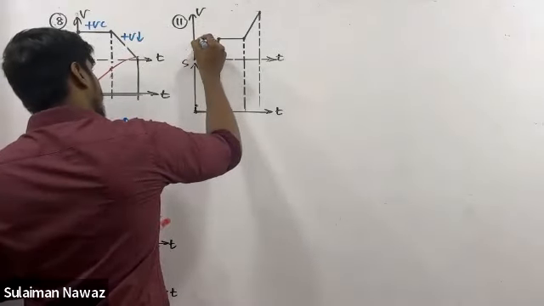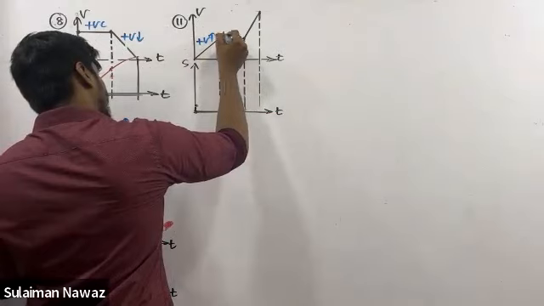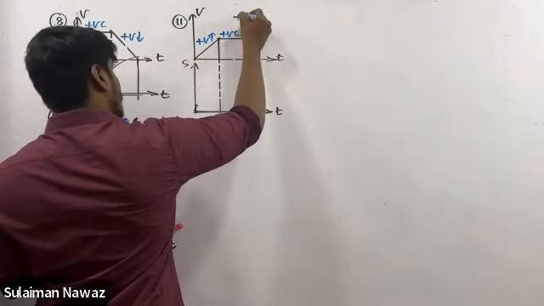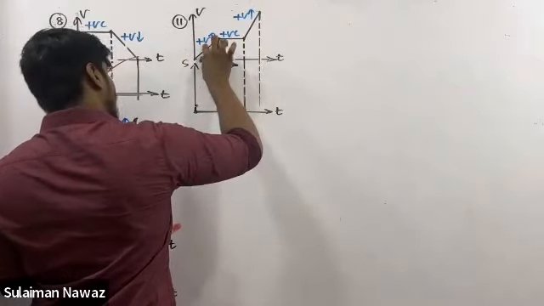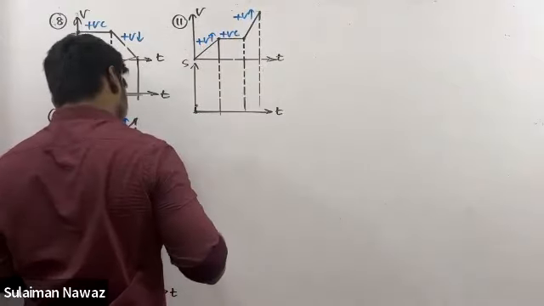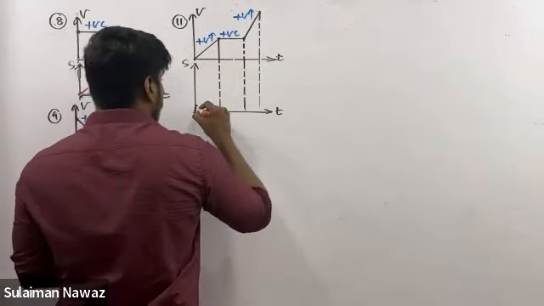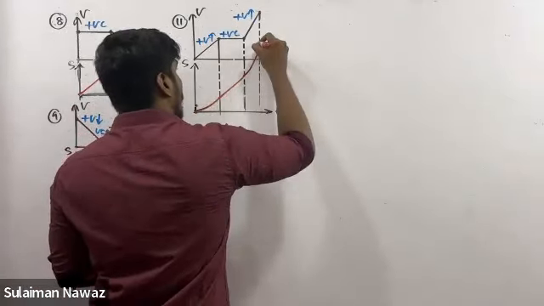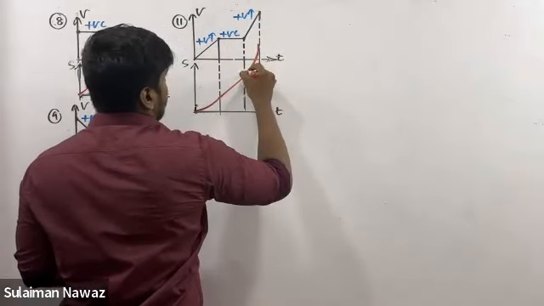Again, positive velocity increases. Positive velocity constant. This one, take the y-axis, positive velocity increases. Acute angle increases, acute angle constant, acute angle increases. Acute angle constant. Acute angle increases.